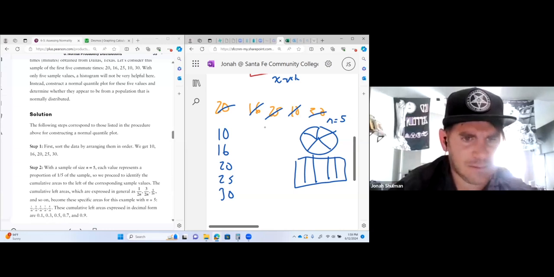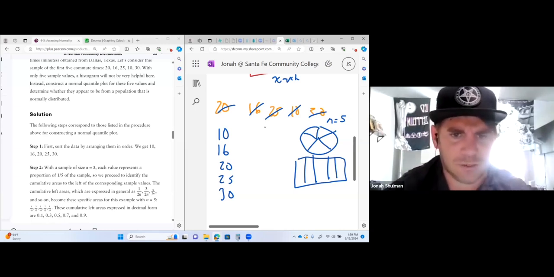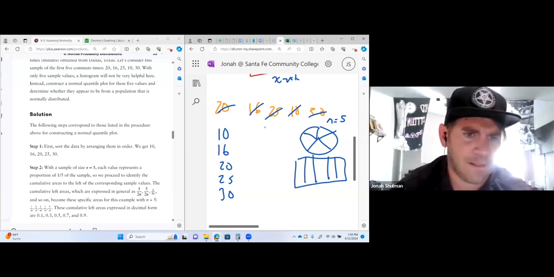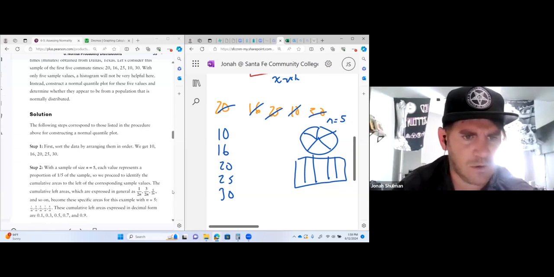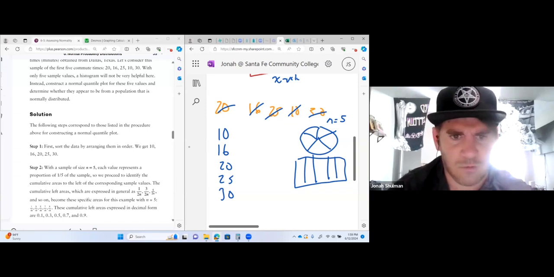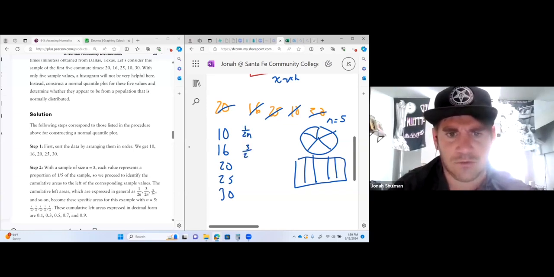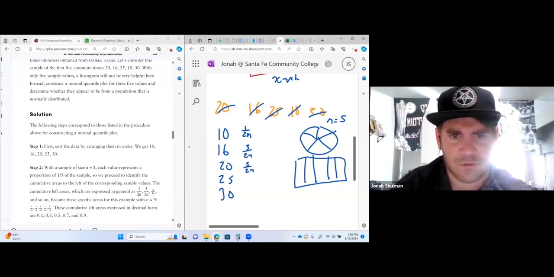Basically, these are going to give us the left areas expressed. So 1 over 2n, 3 over 2n, 5 over 2n, 7 over 2n, and 9 over 2n.